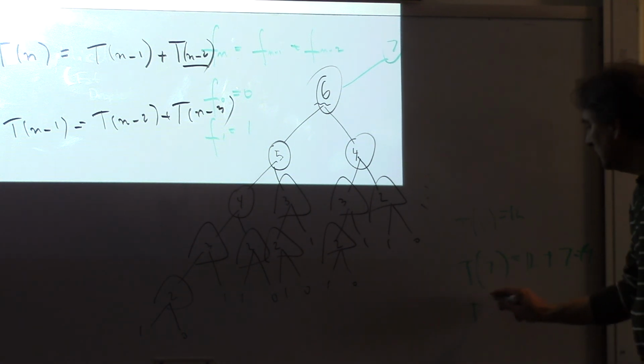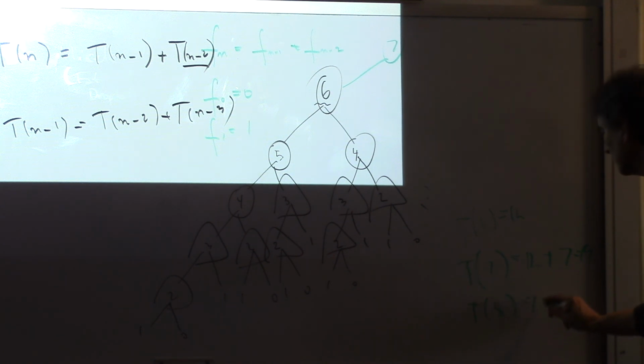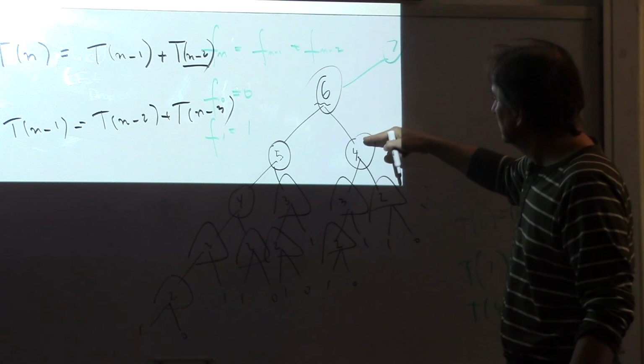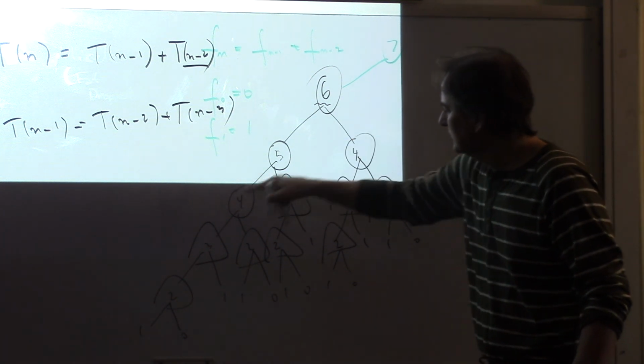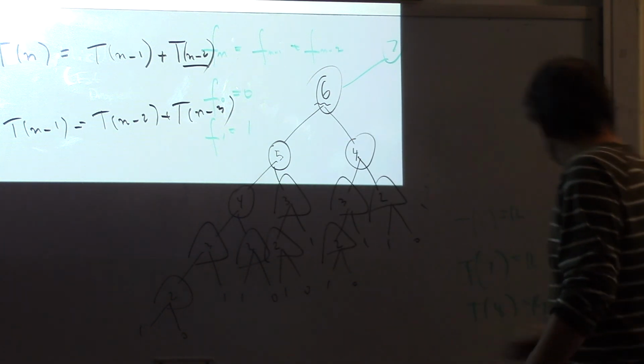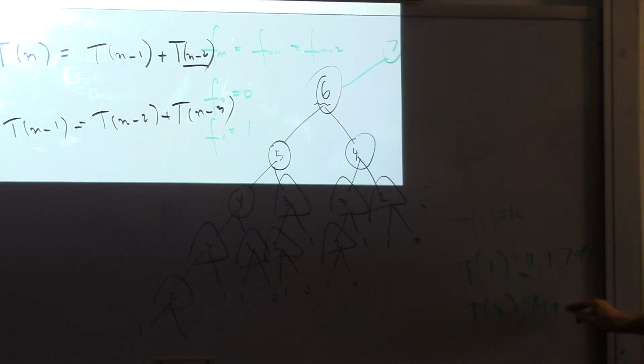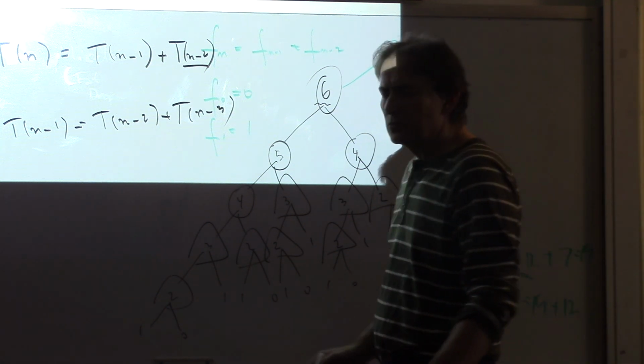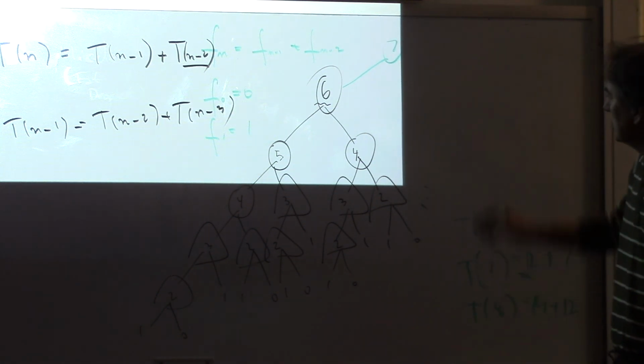And then if I did T of 8, that would be equal to 19 plus the T of 6, which is 1, 2, 3, 4, 5, 6, 7, 8, 9, 10, 11, 12. So it's basically an exponential function. But we can write it into a table-driven function by the following approach.